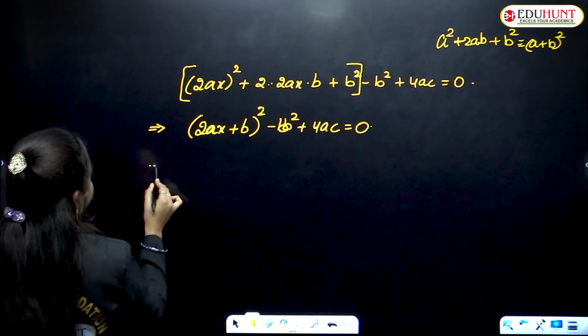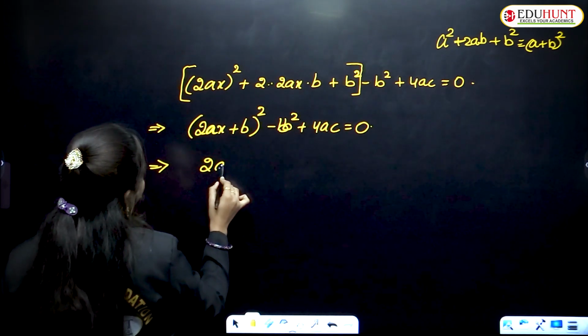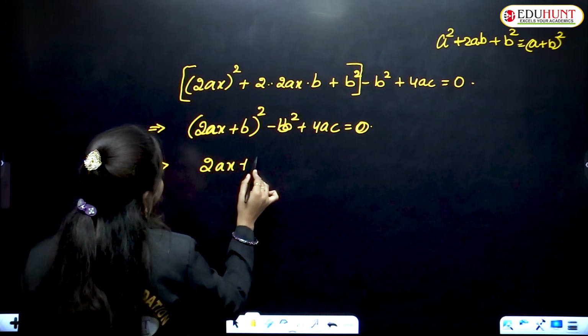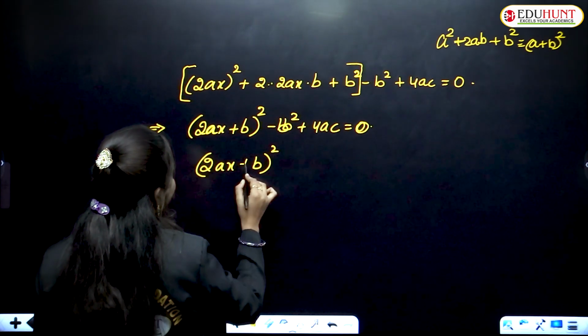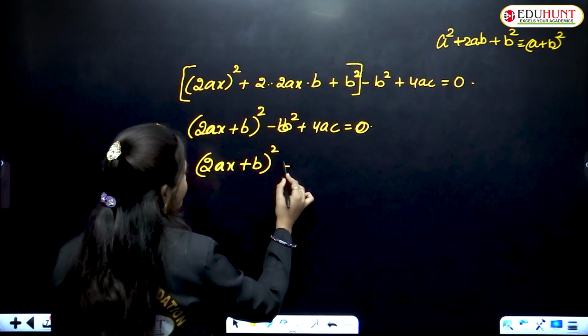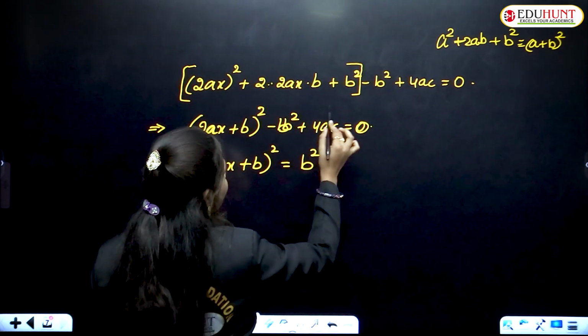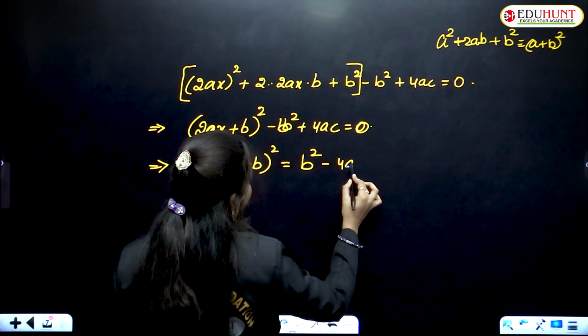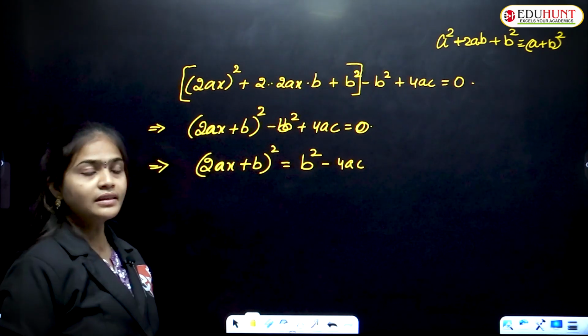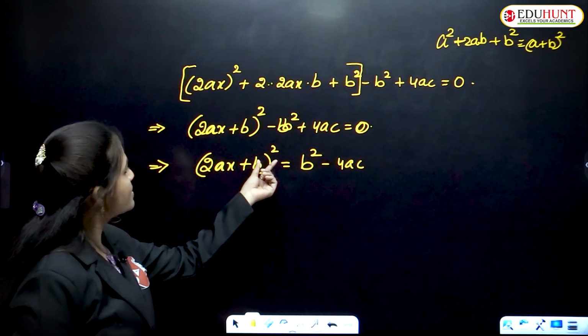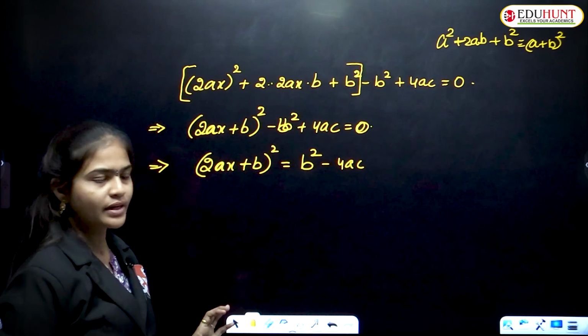From this, minus b square plus 4ac is equal to 0. So 2ax plus b whole square is equal to, here minus b square becomes plus b square, and plus 4ac becomes minus 4ac. Am I clear? So 2ax plus b whole square is equal to b square minus 4ac.